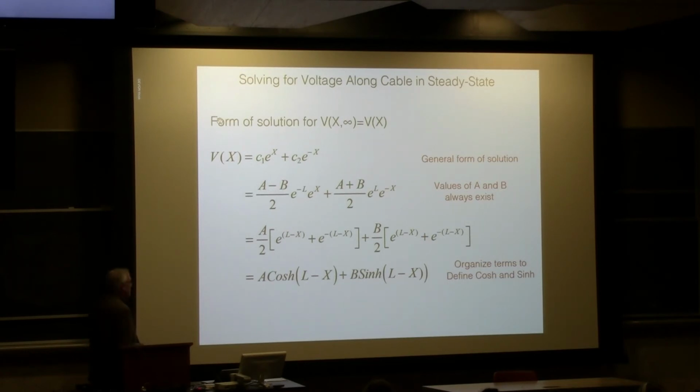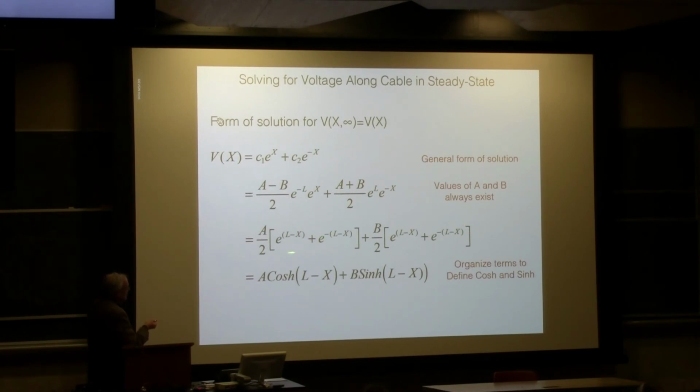Where Rall wanted to go was into what he considered to be the simpler world of representing these solutions as hyperbolic cosine and sine functions. That's why he introduced the A and the B here, because if you multiply out and isolate terms, this equation has the following representation.